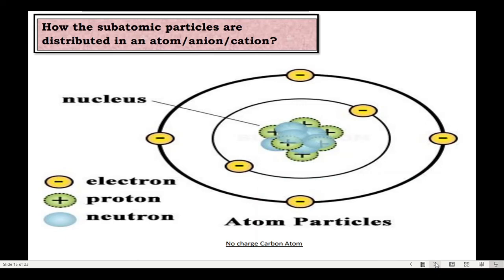And then, neutron, yun yung color blue na walang charge kasi 0. Sila yung nag-accumulate at the center. Sila yung nagko-contribute ng bigat. Ang tawag sa kanilang dalawa, proton and neutron, nucleons. Okay? Kasi nasa nucleus sila.